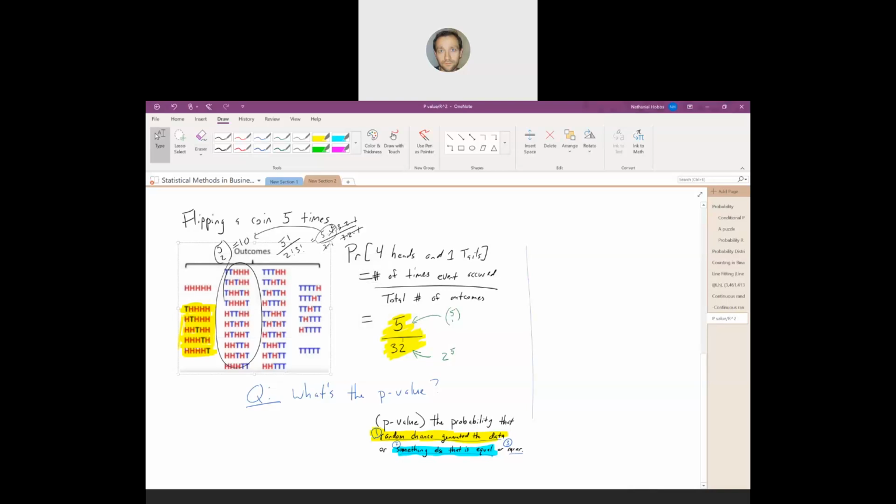If it were reversed, would that make sense? Like if there were 4 tails and 1 head? No, that's perfect. You got it. 4 tails and 1 head. So that's not getting 4 heads and 1 tail, but it is something else that's equal. Each of these 2 events has the same probability.